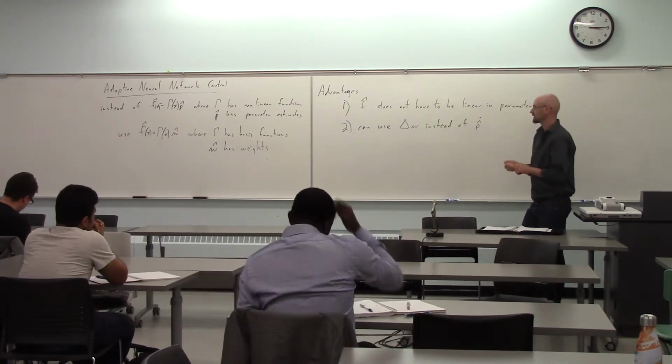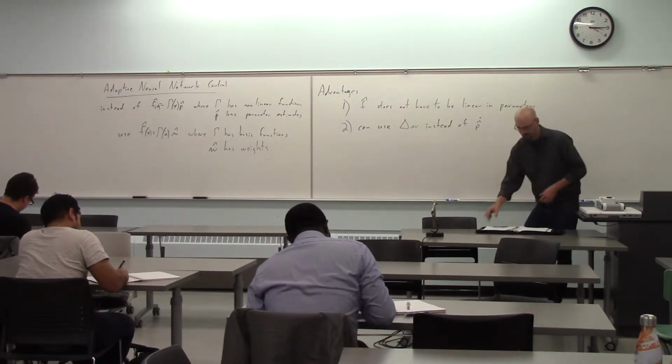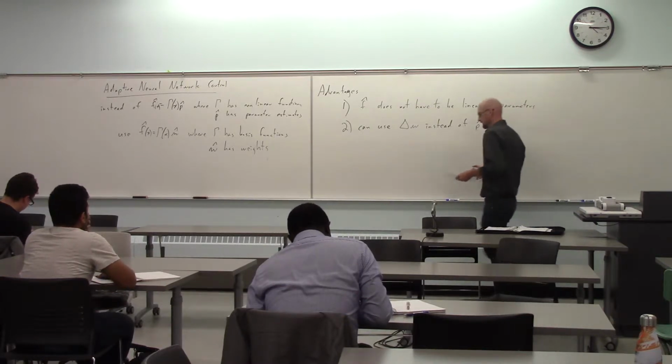So let's just talk about the simplest kind of neural network first, which is the radial basis function network.